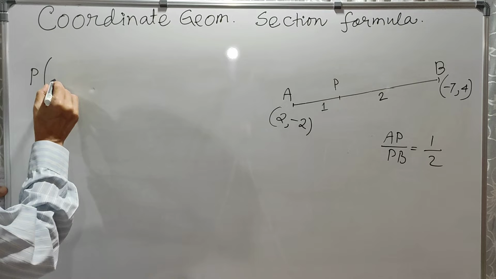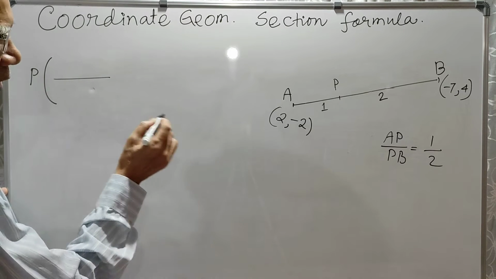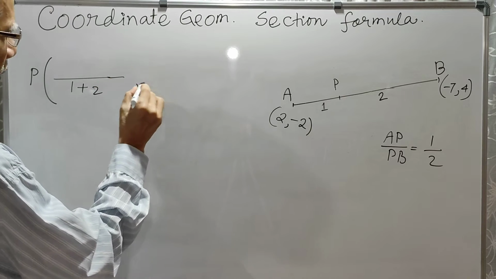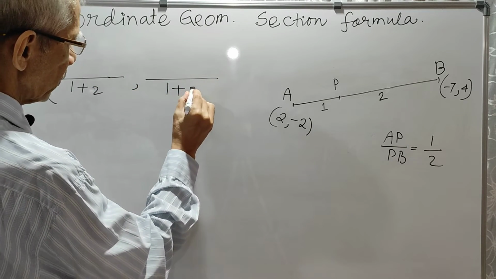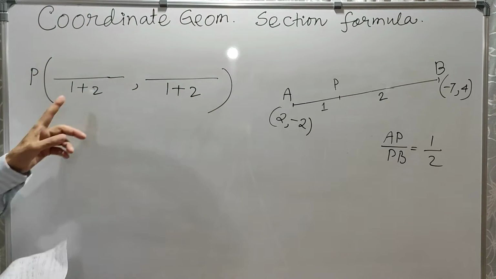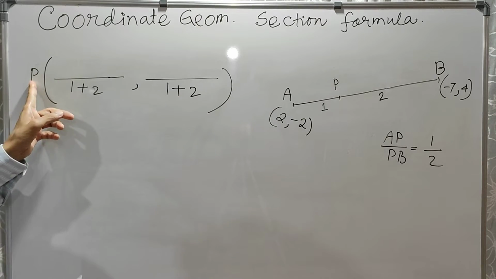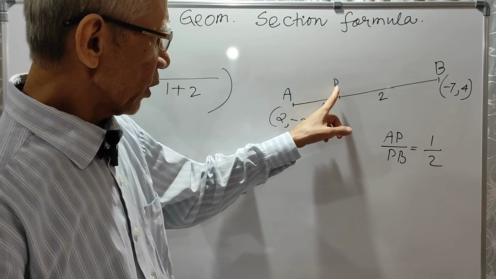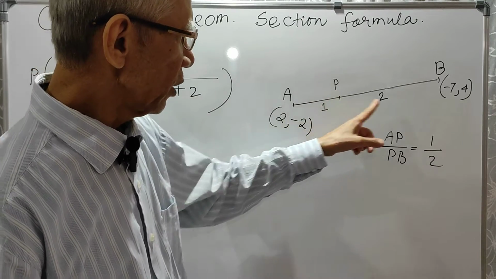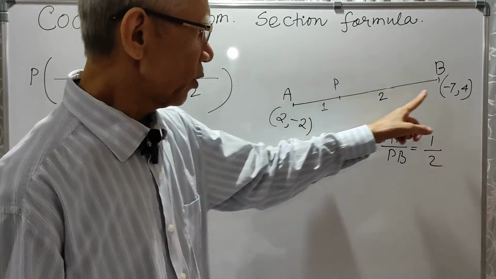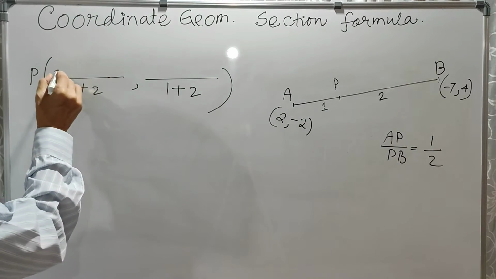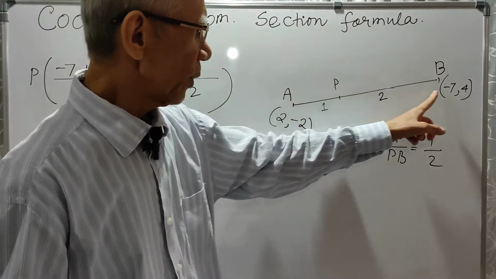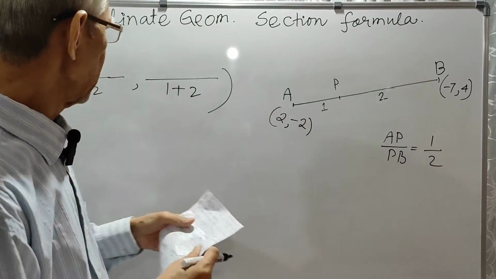So, coordinates of P will be what? Using the section formula, the denominator will be 1 plus 2. Again, here also, the denominator will be 1 plus 2. This is the x coordinate, this is the y coordinate of P. Then the opposite rule. So the x coordinate of P is what? 1 into minus 7, which is minus 7, plus 2 into 2, 2 into 2 is 4.